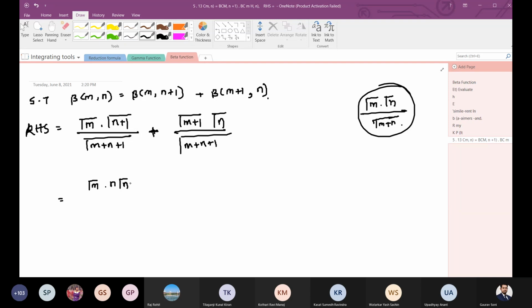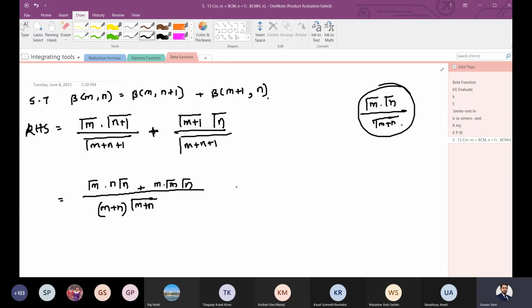Denominator is same, so I can simply add the numerator. So this will be m gamma m into gamma of n. And the denominator is same, so m plus n plus 1. So I can write this as m plus n gamma of m plus n.